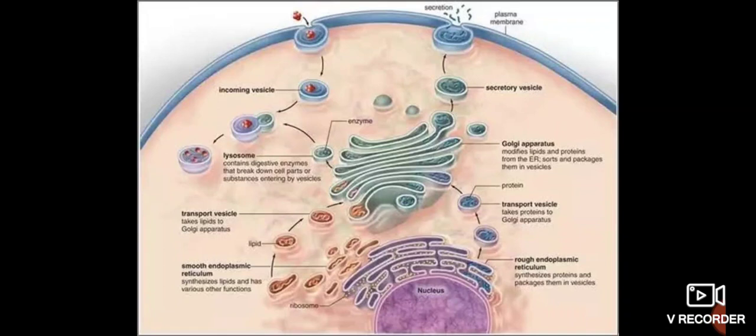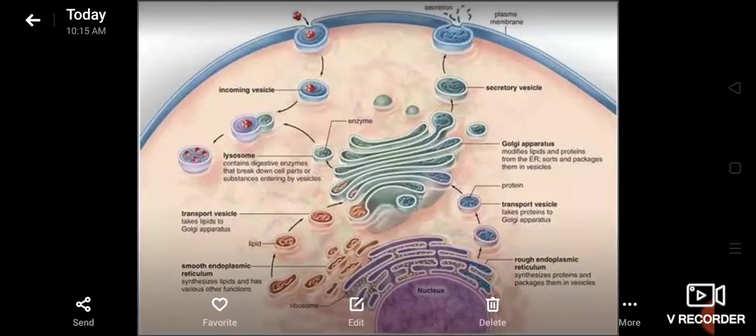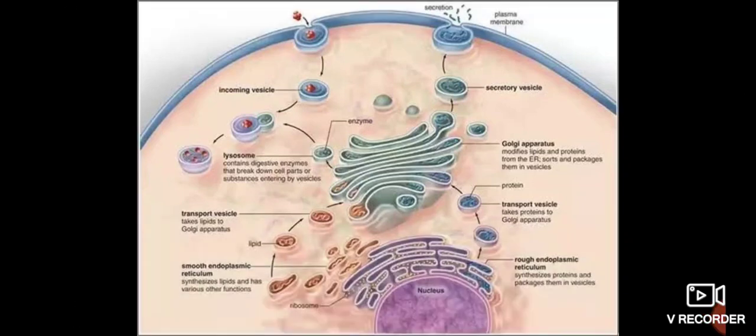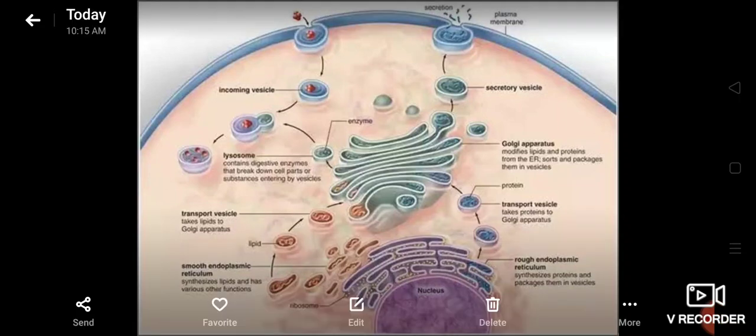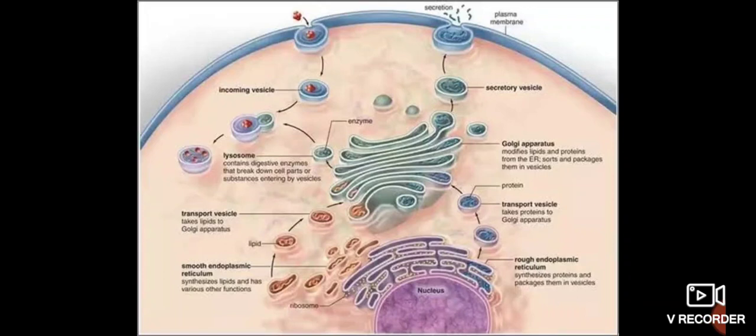The Golgi body and the endoplasmic reticulum work in coordination with each other to help in intercellular, intracellular and extracellular transportation and packing of materials. Okay, materials basically lipids, proteins, glucose, hormones, gums, oils, or anything.